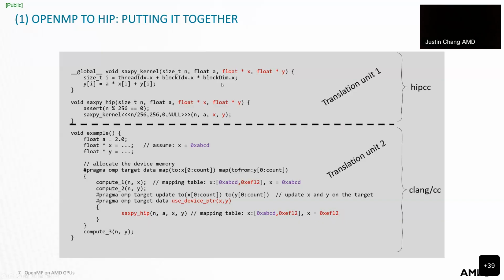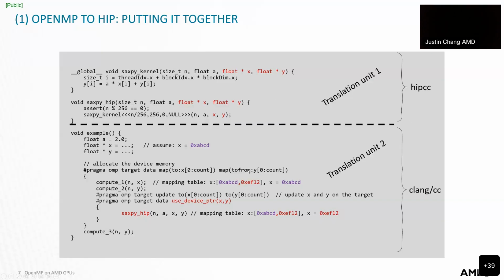And the key part here is that at least this was true last year. I am unsure if it's true today, but the idea back then was that we would need to have two separate translation or compilation units. The first two parts of the functions would have to exist in a separate HIP file, which has to be compiled with the HIP compiler.